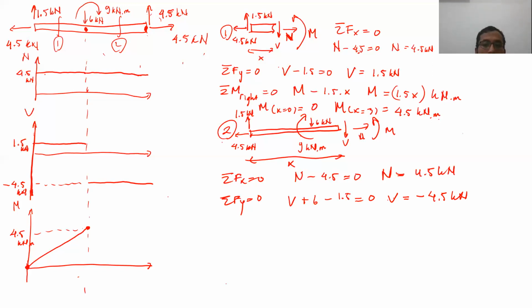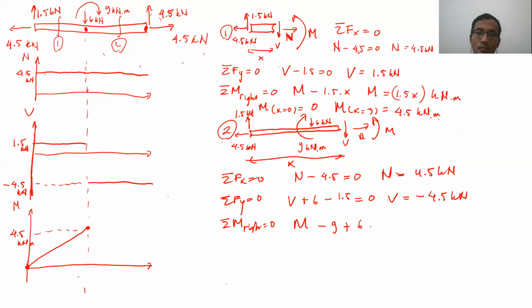Now the last one, using sigma moment at the right edge equal to 0. Okay, and counterclockwise is positive. What I will have there is moment, okay, M minus 9 kilonewton meter due to this one. Okay, plus 6 kilonewton multiplied by the distance.